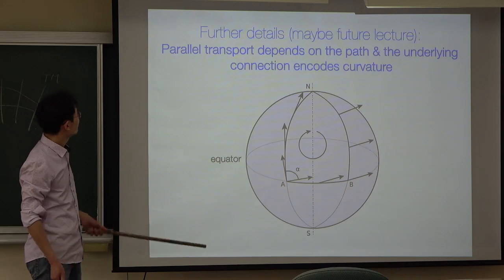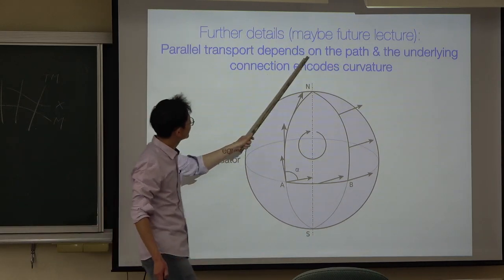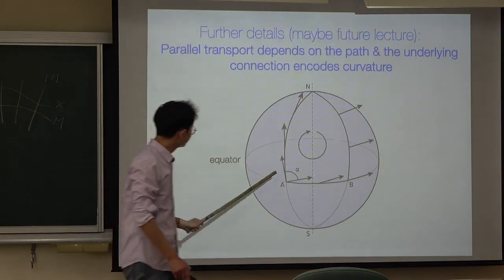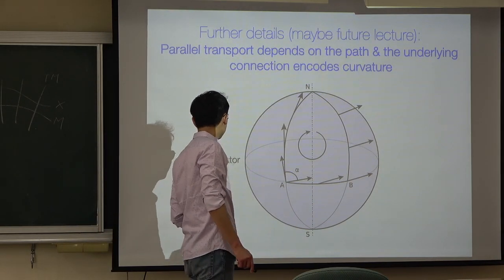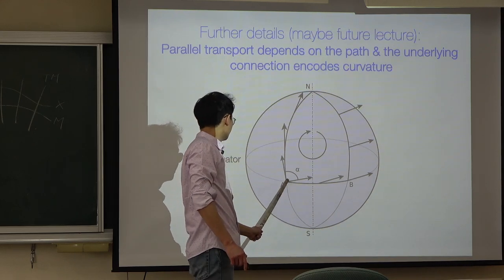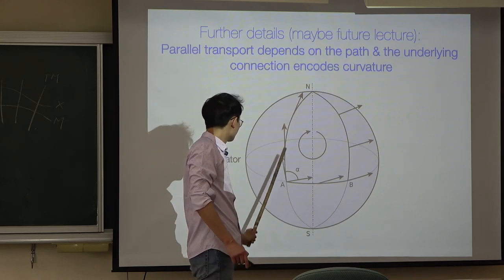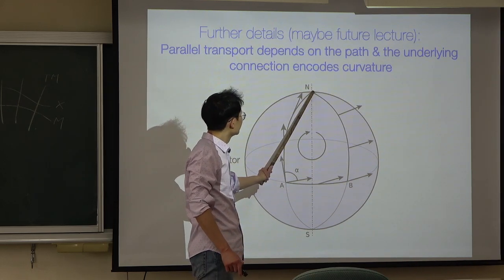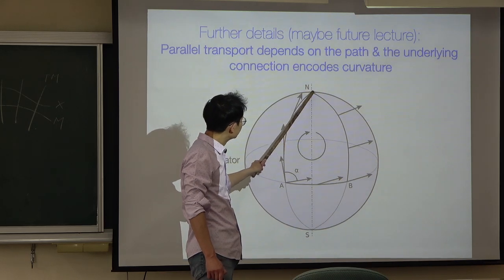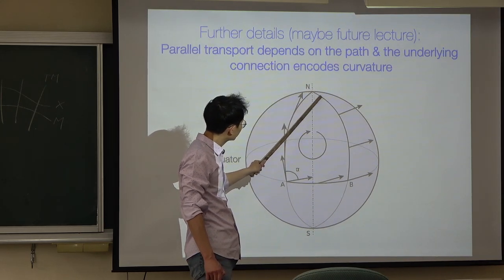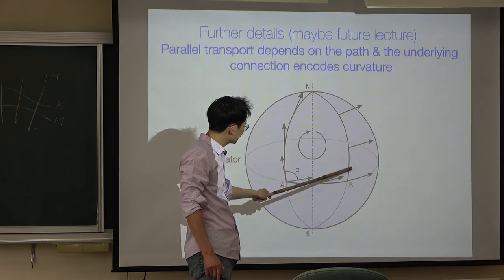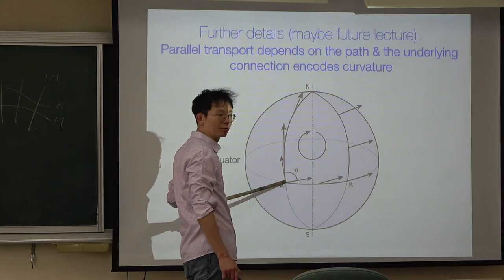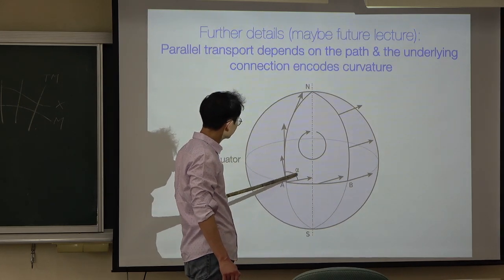But now, just an FYI, for example, parallel transport depends on the path and the underlying connection in closed curvature. For example, you start at this point on the equator, and you have the vector pointing to the north, and you move it in parallel transport to the north, and then you move it down along another path, coming back to the equator, and if you move it back to the original point, you see you generate an angle.